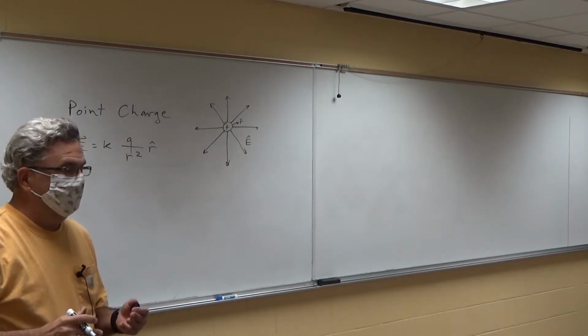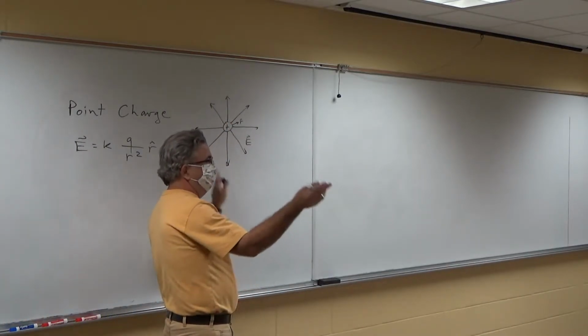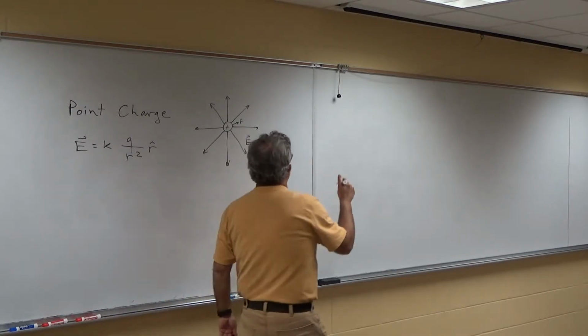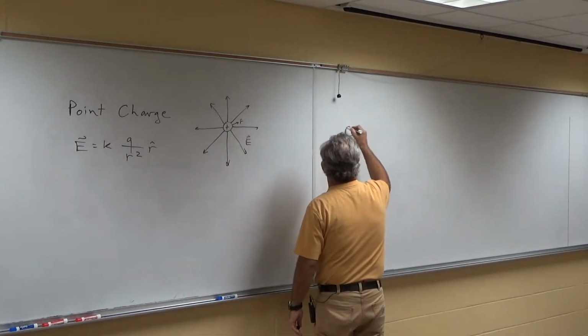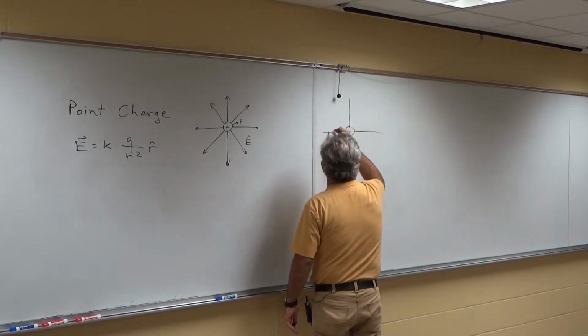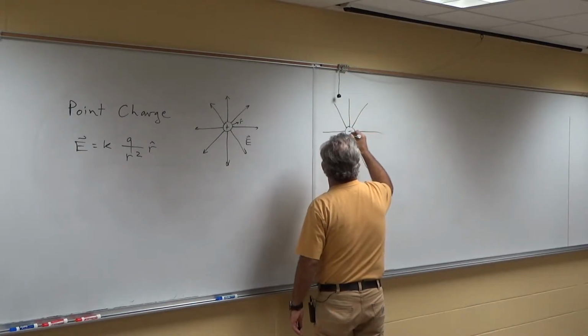If it's a negative charge, it looks exactly the same except the field lines are pointed in the opposite direction. So for a negative charge, it's exactly like the other one, except the field lines end.